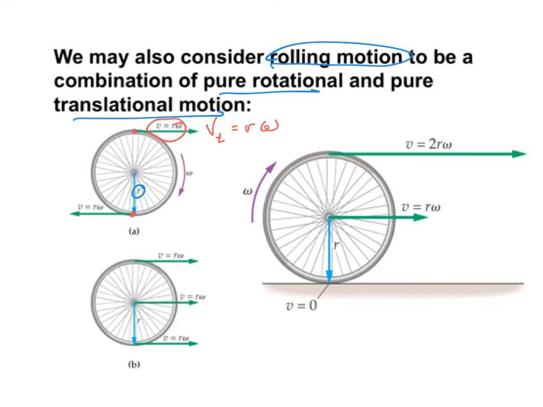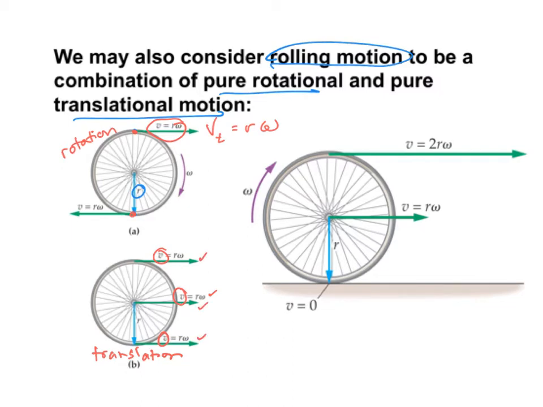This is pure rotation, and this is pure translation here. If it was skidding across the ground, in other words, I'm just dragging it across the floor without any rotation at all, every point is moving with speed v. You could say that if it was rotating, that velocity would be equal to the radius times the rotational velocity, omega. But literally every point, you see these green vectors all have the same length. They're all moving.